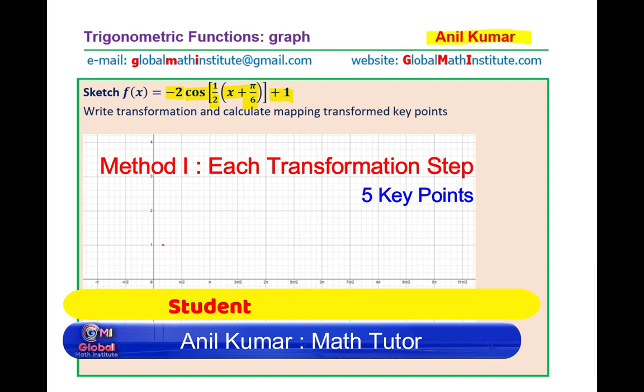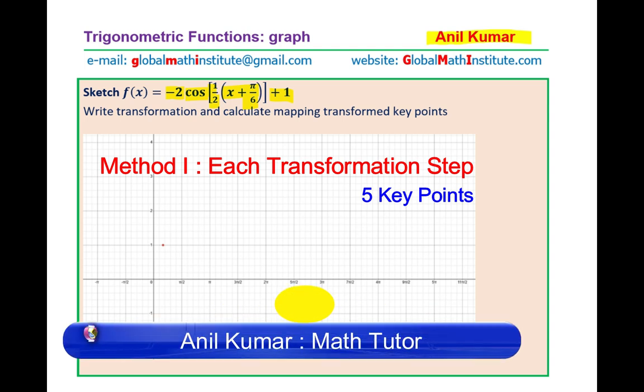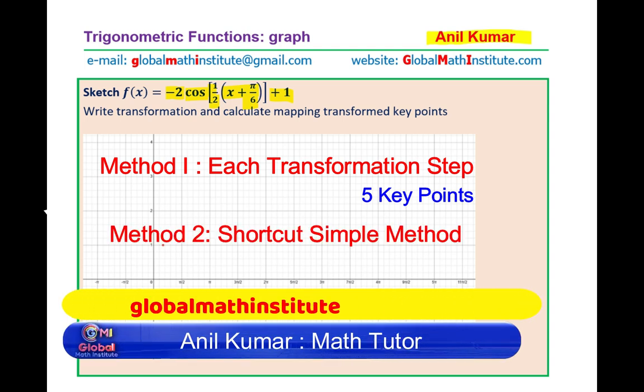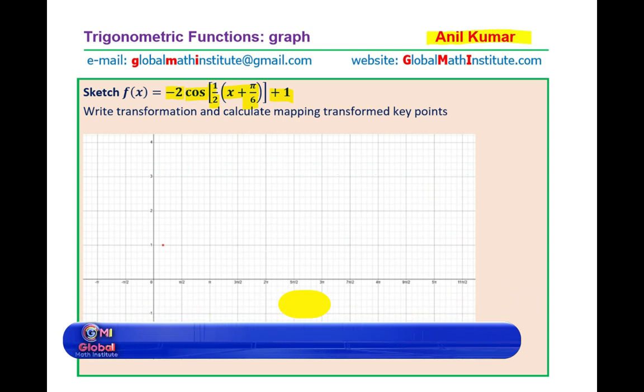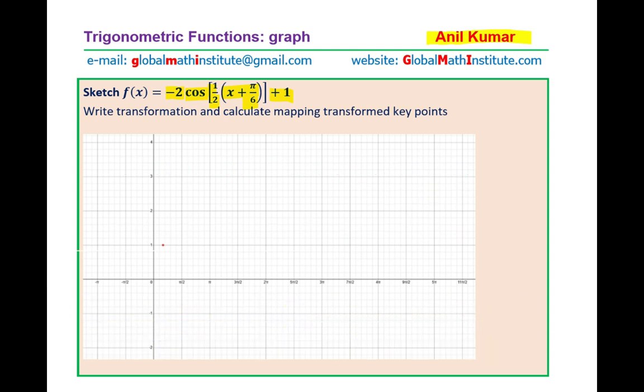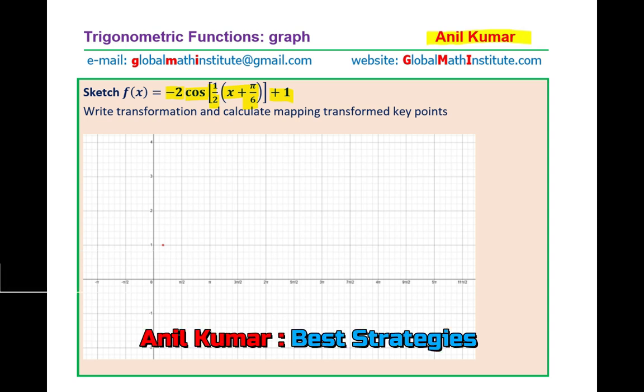Method 1 will involve complete transformations, step by step, how the key points change and how the graph changes. And method 2 is the alternate method in which you can sketch the graph very fast without even calculating the key points transformation. Let's look into this strategy of sketching graphs.